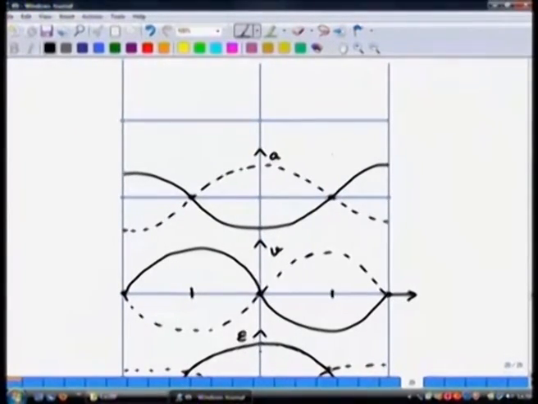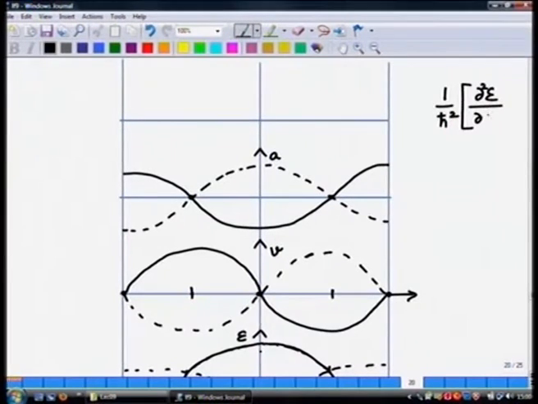Now, of course, you know that I already said that if you take the second derivative h bar square del E by del k square and take inverse of it, then that gives me effective mass. That gives me effective mass of the electron also.